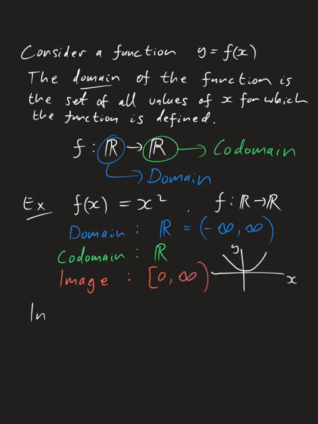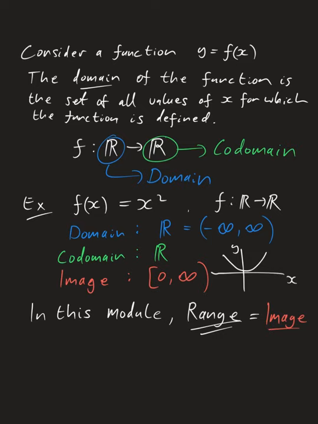For the purposes of this module, that thing, the image, the set of all values that y actually takes under that function, is what we call the range. In different textbooks, the range sometimes means the codomain, and in other books it means the image. So just to make it clear from the outset, for this course, when I talk about the range of a function, I'm talking about the image.